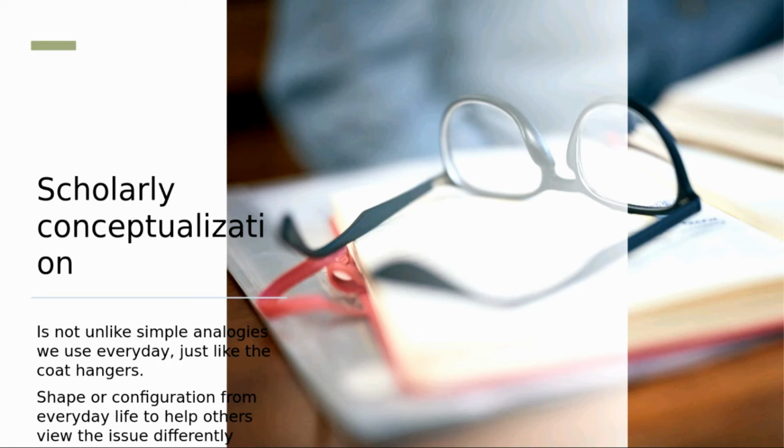But when you're talking scholarly concepts, here I have it written: shape or configuration from everyday life to help others view the issue differently. In other words, everybody has one thing in mind, and the truth is really something completely different. Just like what I showed you with the hangers.